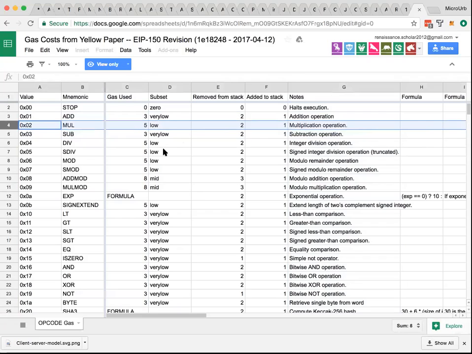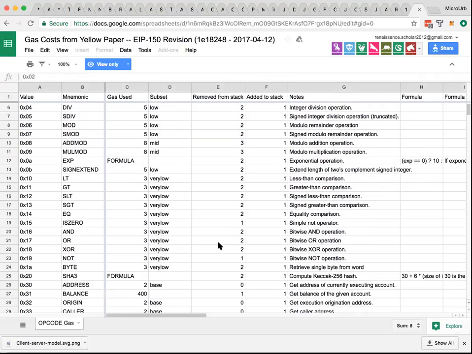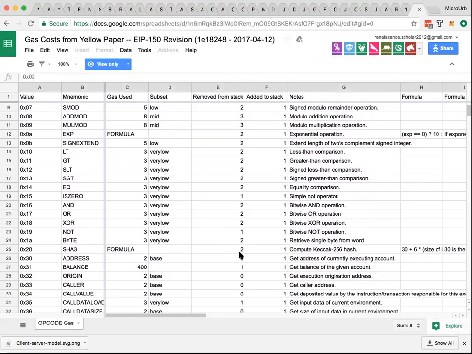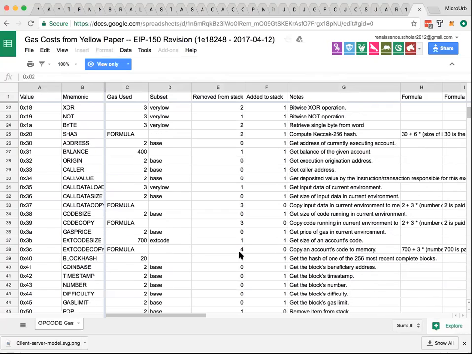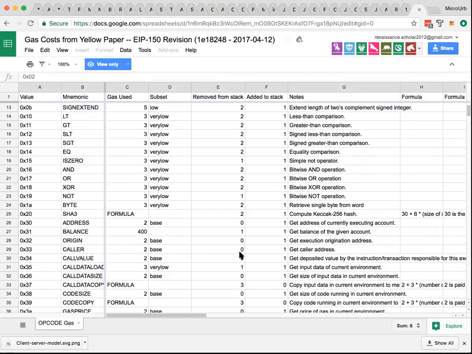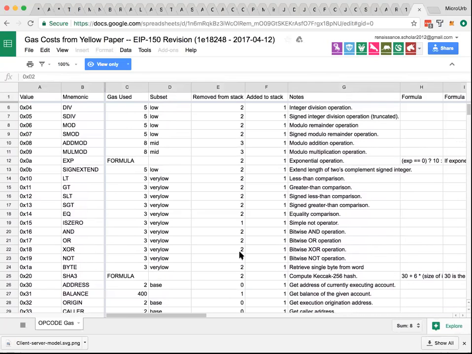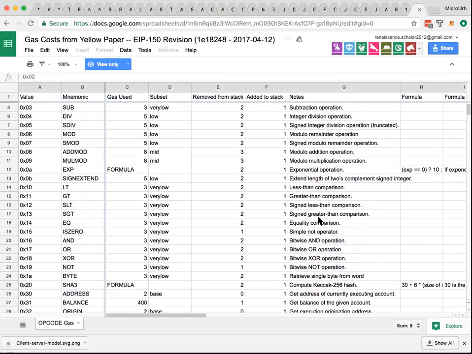To check to see if two values are equal, where is that? Let's see where it is. Less than, greater than. Equality comparison, here it is. It would also be 3 gas as well.